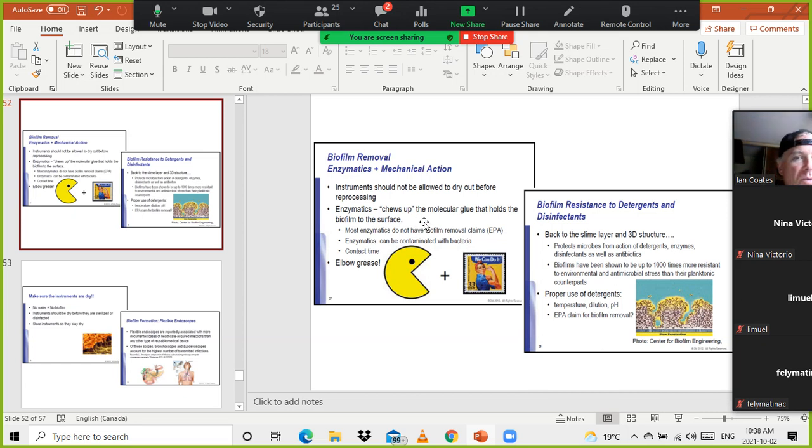Enzymatics chew up the molecular glue that holds the biofilm together. So we can throw enzymes in here, mix them all in, and these enzymes will start to break down the biofilm. Most enzymatics do not have biofilm removal claims. The EPA, Environmental Protection Agency, notes the enzymatics can be contaminated.